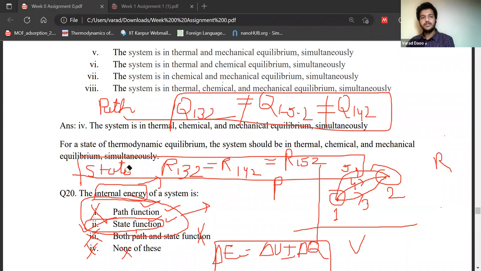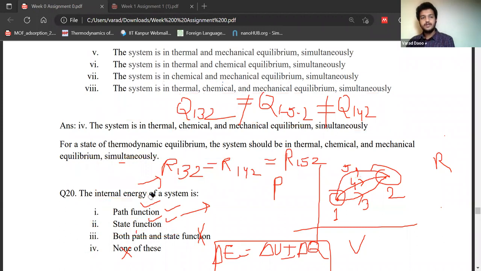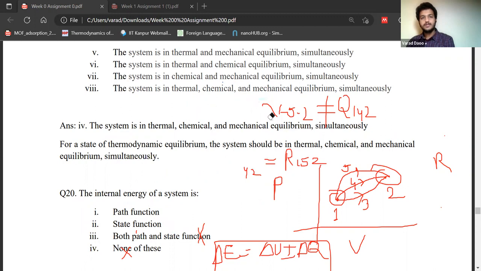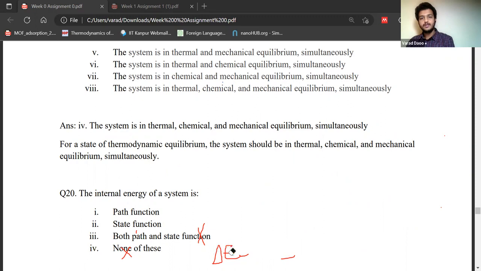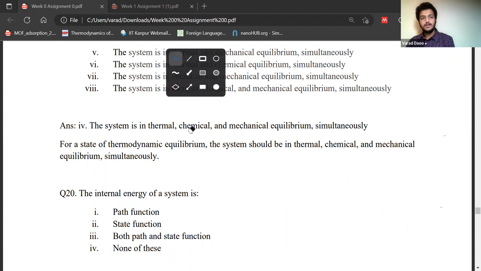So what is the answer of question number 20? It's a state function. Option 2, right?